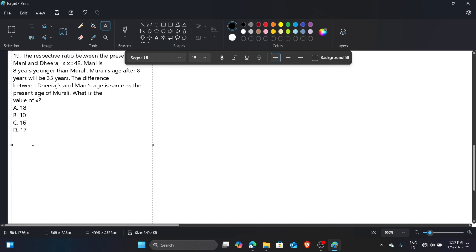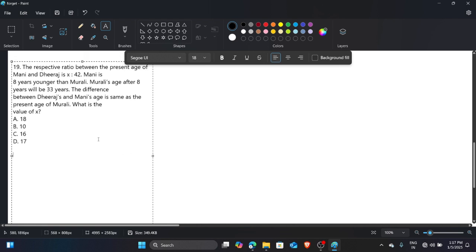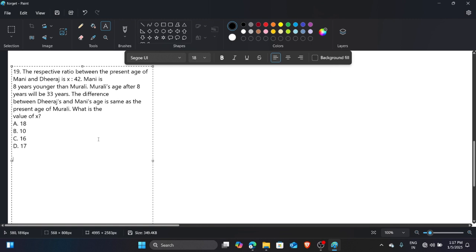Okay. The respective ratio between the present age of Mani and Dheeraj is X ratio 42.